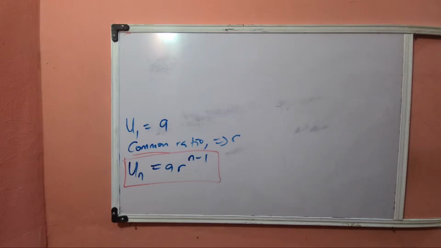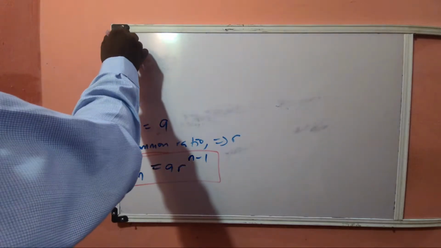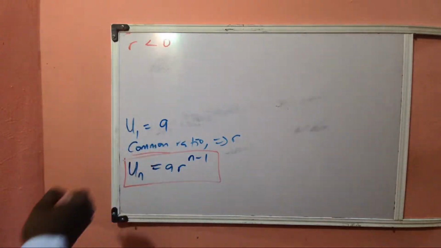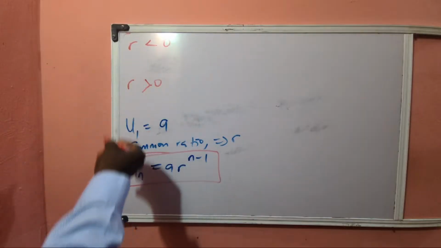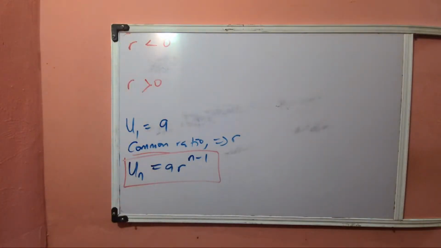We will pay attention to the fact that at times we may have our ratio less than 0. The common ratio in a GP sometimes could be greater than 0, and sometimes we could have r less than 0. Cases of less than 0 are, for instance, if our common ratio is minus something, maybe minus 1/2.